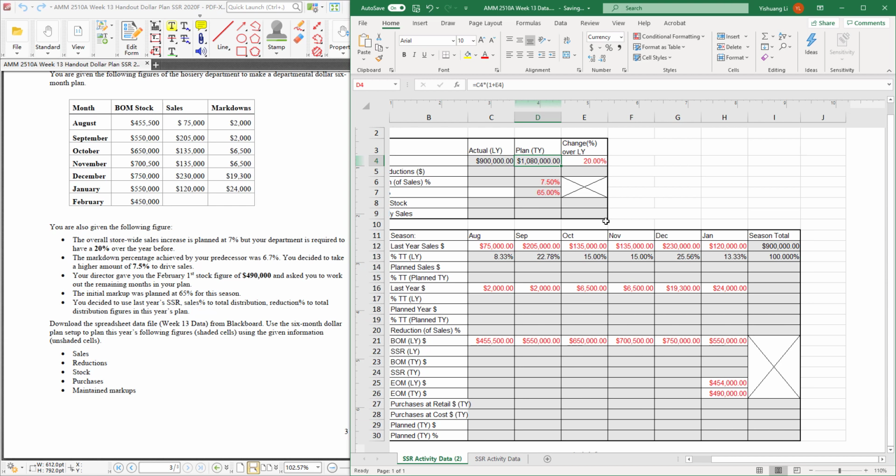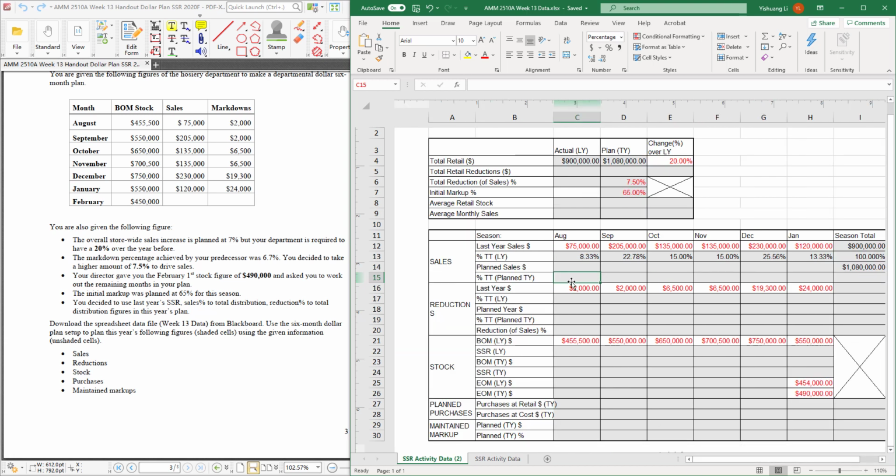And this will be the planned seasonal total of this year, which would be also this figure. Okay. And also read from the instruction here, we assume that all these distributions are the same. So here, this year's sales distribution, we can use last year's number. The cell C15 should equal to the cell C13.